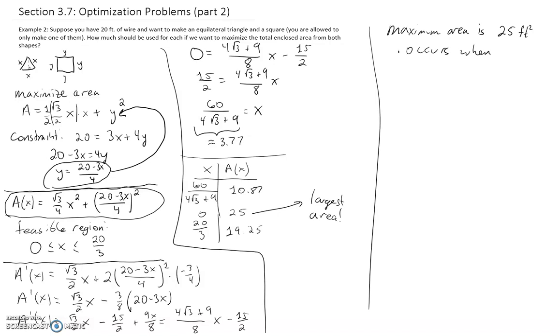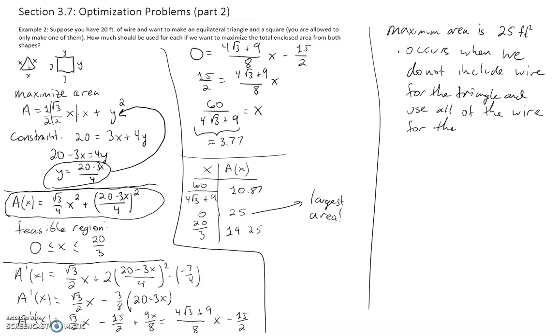So this occurs when we do not include wire for the triangle and use all of the wire for the square.